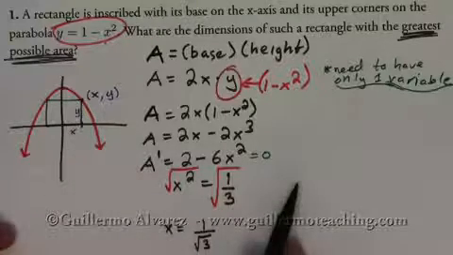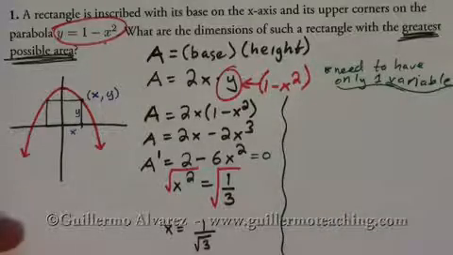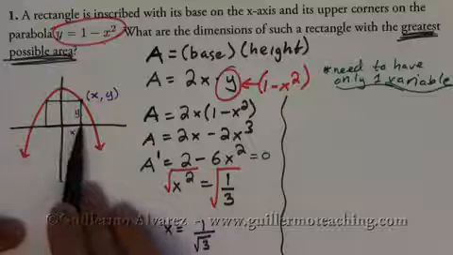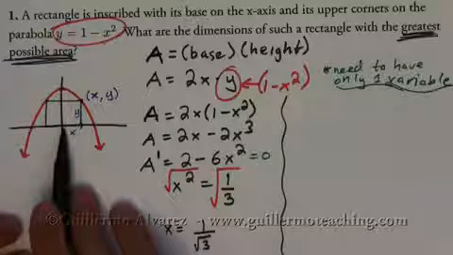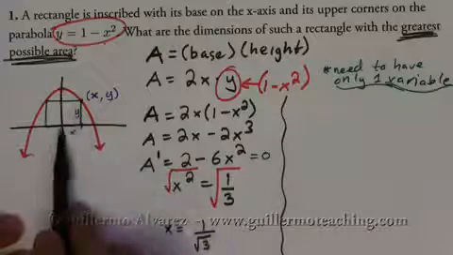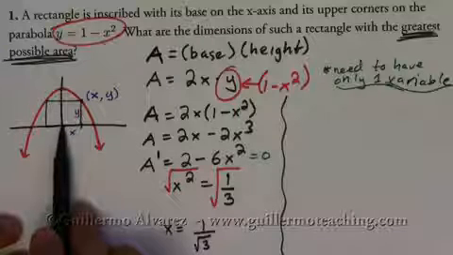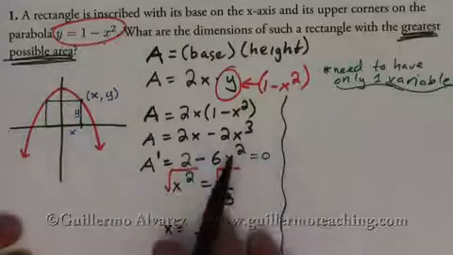Now, as far as my interval is concerned, in this case you don't have any endpoints, because you can make x as small as you want, but you can't make x 0, because then you wouldn't have a rectangle.